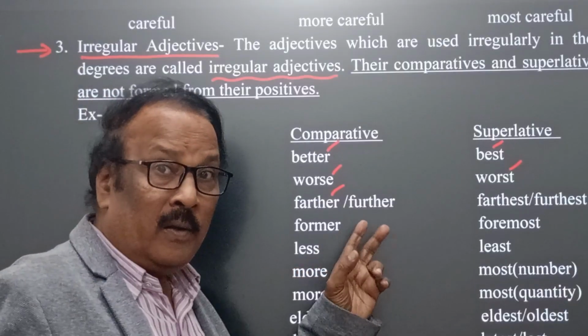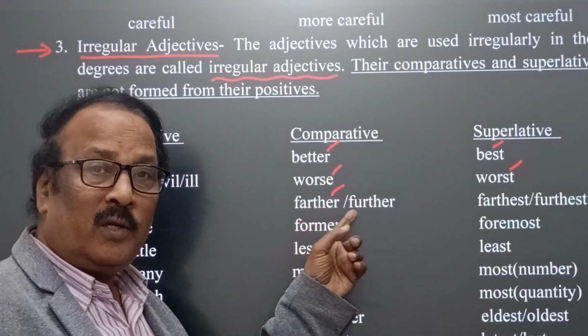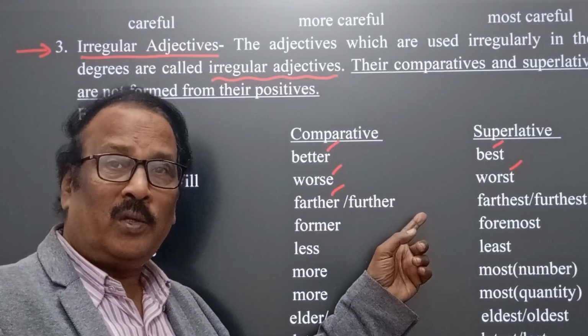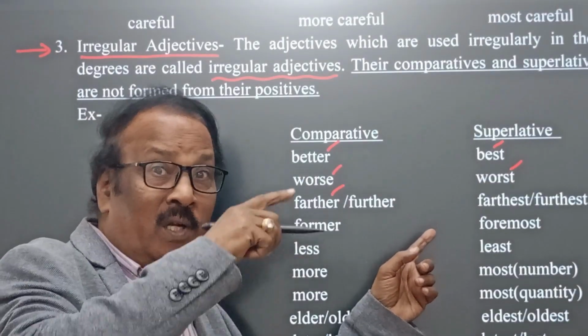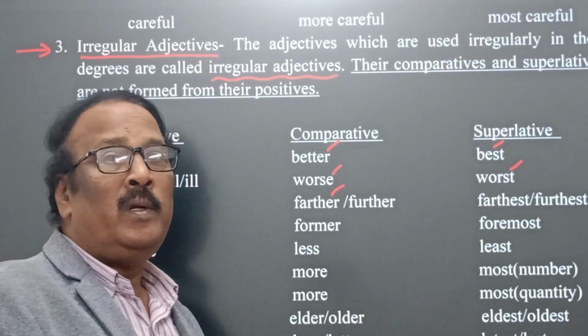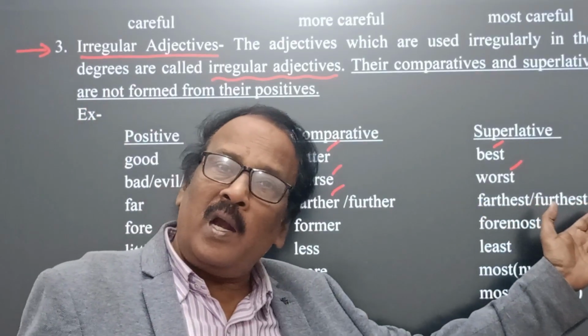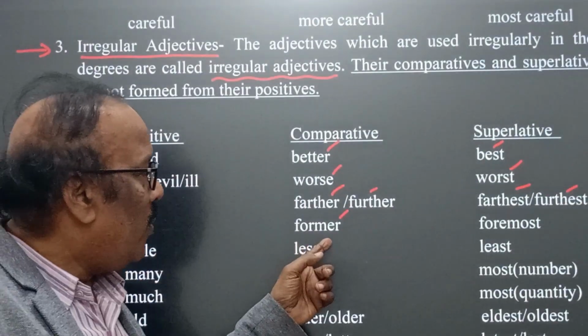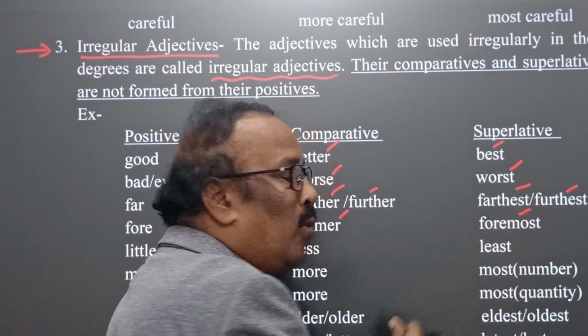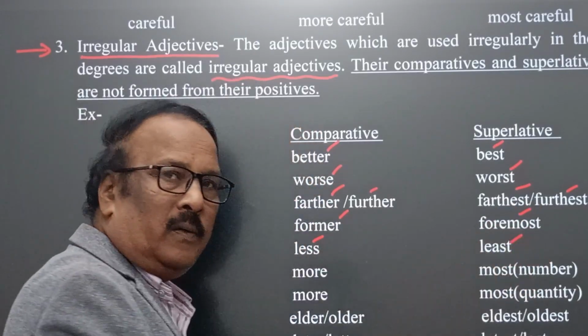Far, we can here find the two comparative adjectives. Farther, side by side, further. We will discuss it in subsequent class very vividly, the difference between farther and further, farthest and furthest, fore, former, foremost, little, less, least.